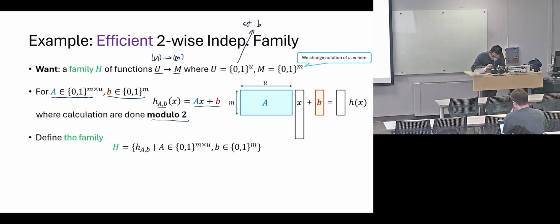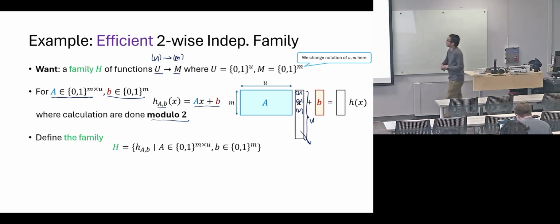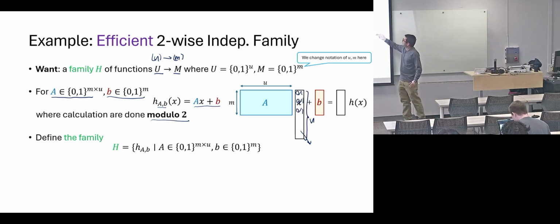Think of this as a vector of u elements, where each is 0 or 1, so it has u entries. Oh, okay. And the same here, a 0, 1 vector with dimension m. Okay.